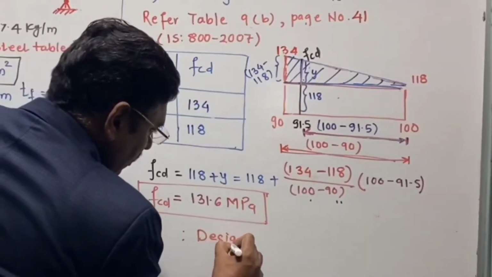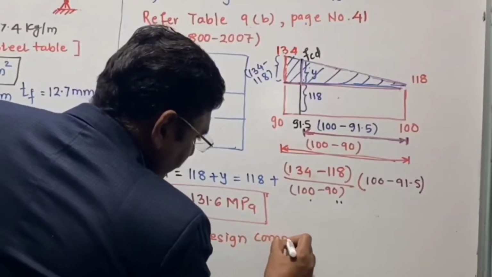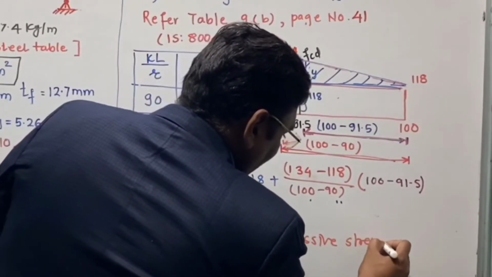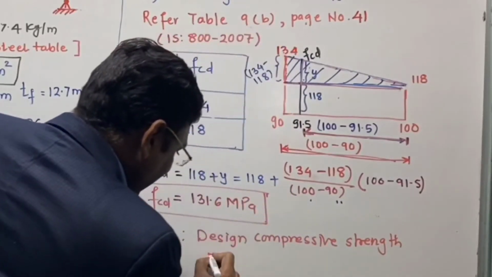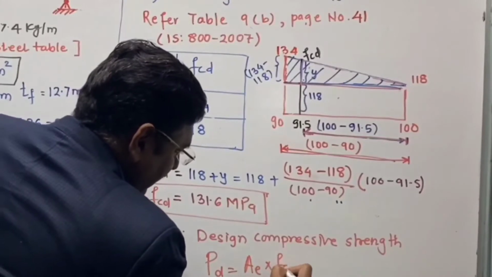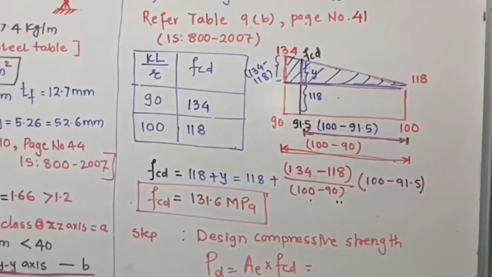Design compressive strength, and that is PD equal to AE into FCD. The value of area is 9870 for ISHB.